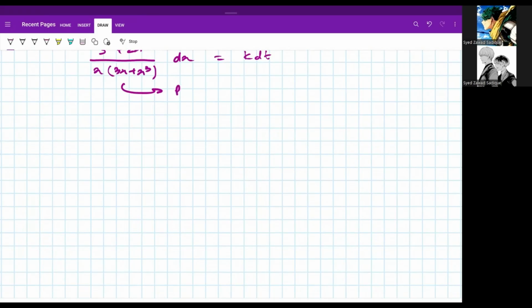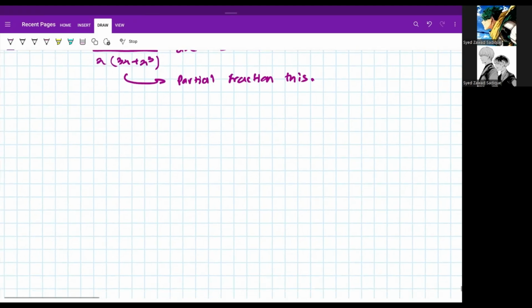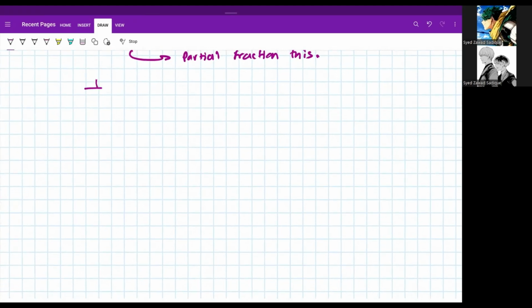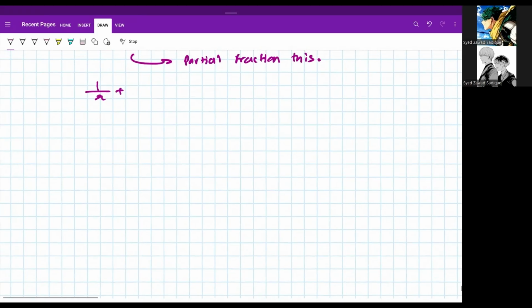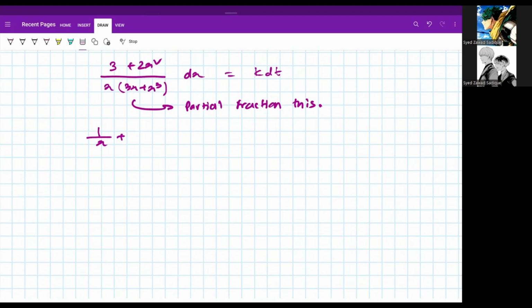Now, partial fraction. We have to partial fraction this. I won't show you guys because it's going to take long. Actually, I made a mistake. It should be x squared, 3 plus x squared.